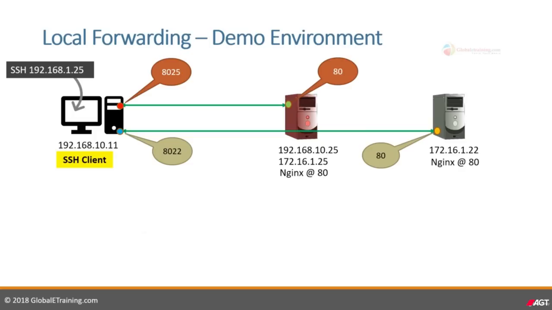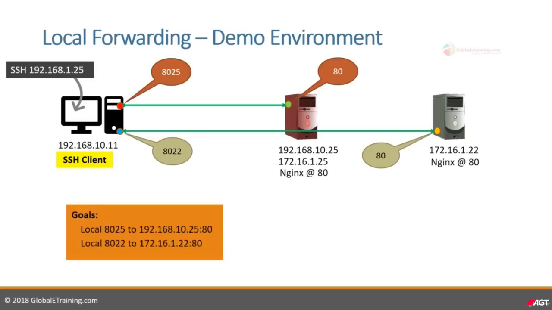One interface is on the bridge network and the other is on the NAT network. The one on the right hand side ending in .22 is a machine on the NAT network, and it has Nginx running at port 80. In the same way, we have Nginx running on the jump server at port 80 as well. You can see those ports on the diagram.